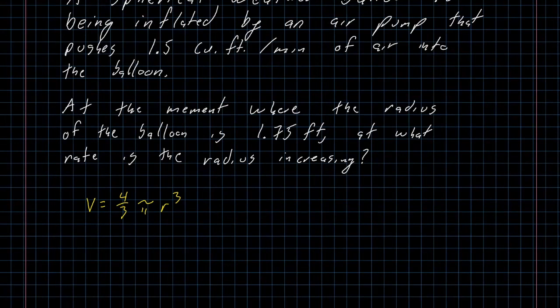And we know that the radius we care about is 1.75 feet. We could use that radius to calculate the volume at the time we care, but that's not really what we're looking for here. Instead, we're looking for the rate of change of the volume, which we'll denote as V prime.